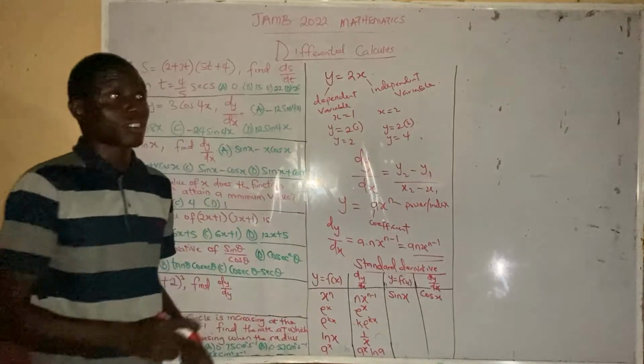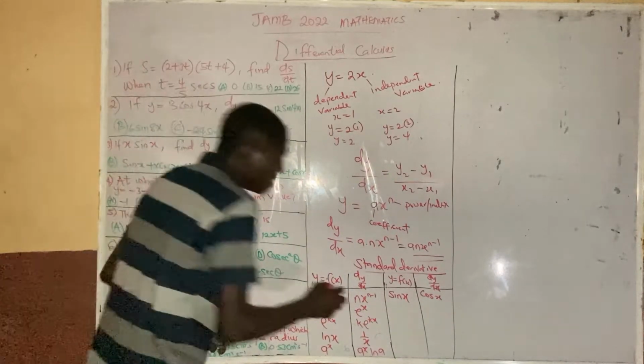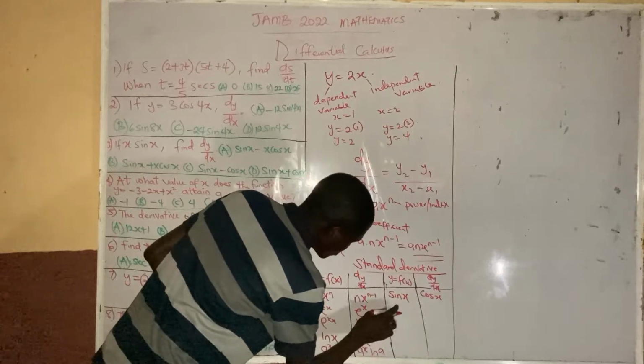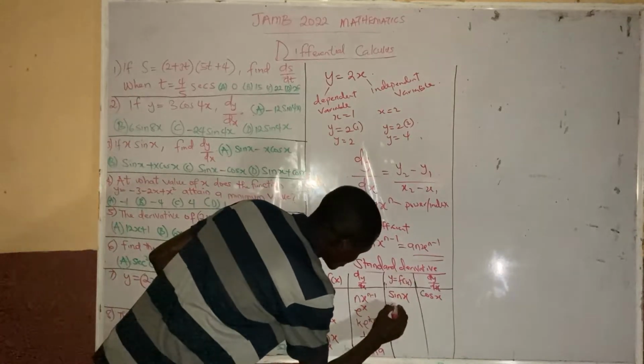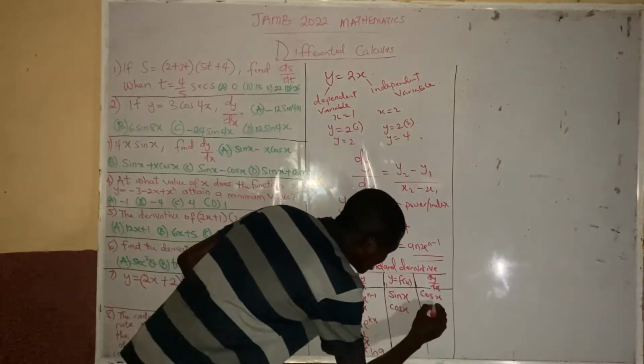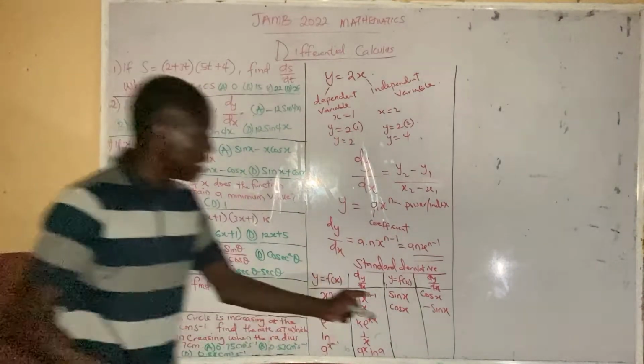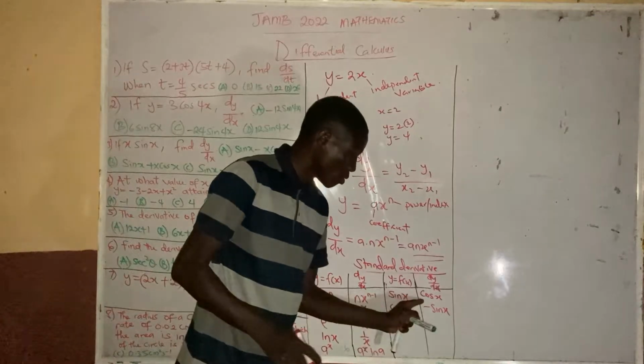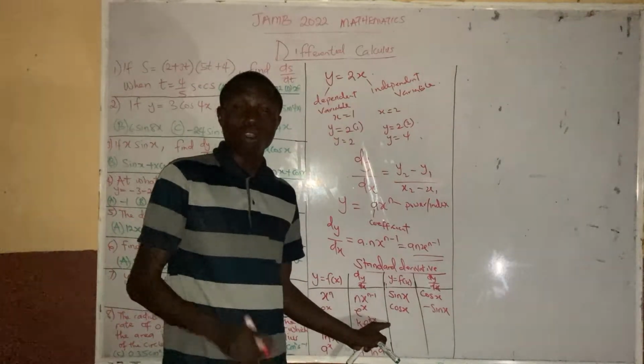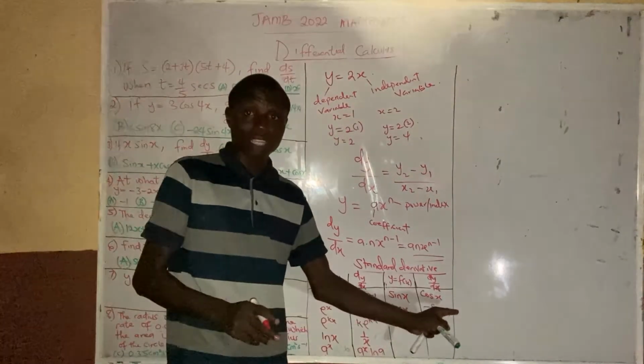The derivative of sine x is cos x. The derivative of cos x is minus sine x. You need to take note of that.